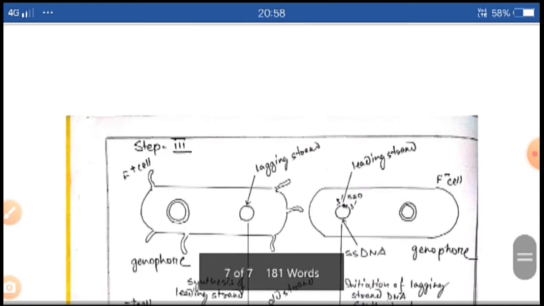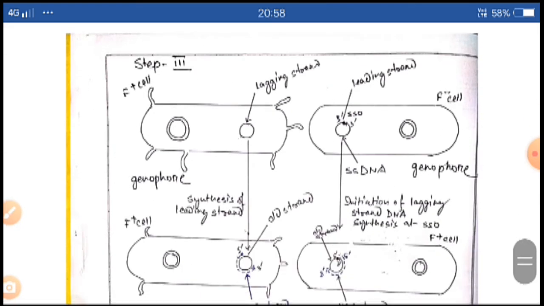Now both of these cells have genes or factors inside them, but both of them have single-stranded DNA in them. Okay, as for the plasmid, there is no change in their genophore.